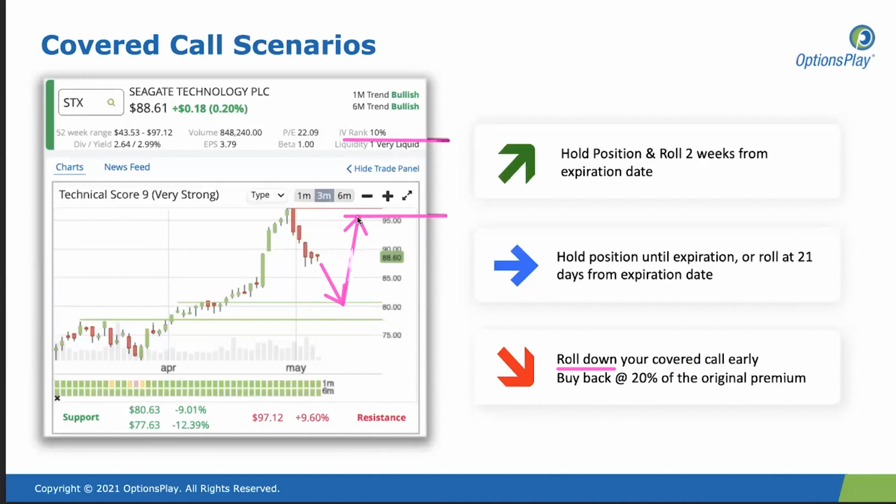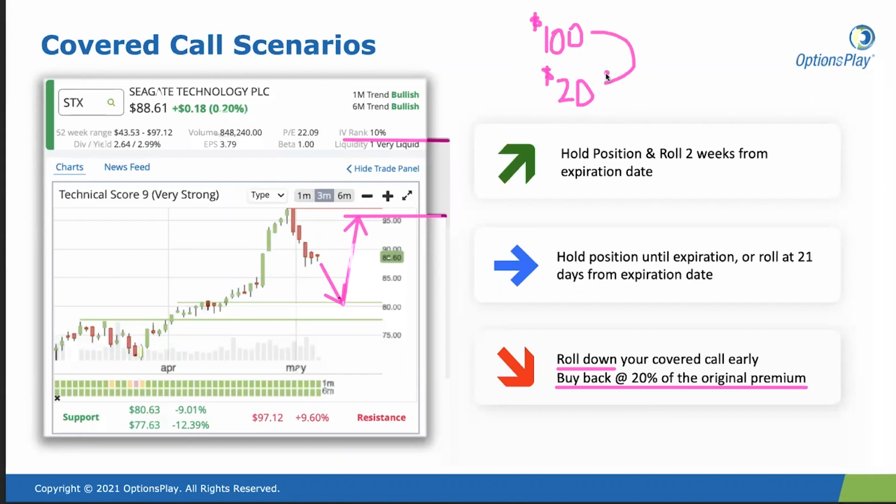But the rule of thumb here is that if you're able to buy back a covered call at 20% of the original premium, so let's say you sell a covered call for $1, so you collect $100 in premium. And now you can effectively remove that obligation by paying just $20, or 20% of the original premium. That's when you want to roll a covered call early.